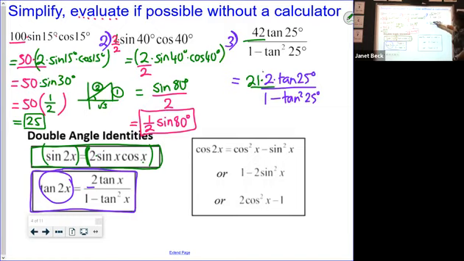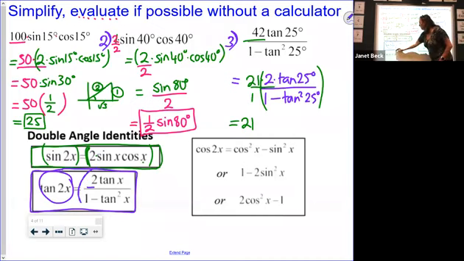So what I'm doing here is I've got 21 times 2. That's the same as if I put a parentheses there. That's like multiplying by the fraction 21 over 1 times the blue stuff. So that gives me 21 times the blue stuff. And when I'm given this, that blue stuff up here is exactly this.